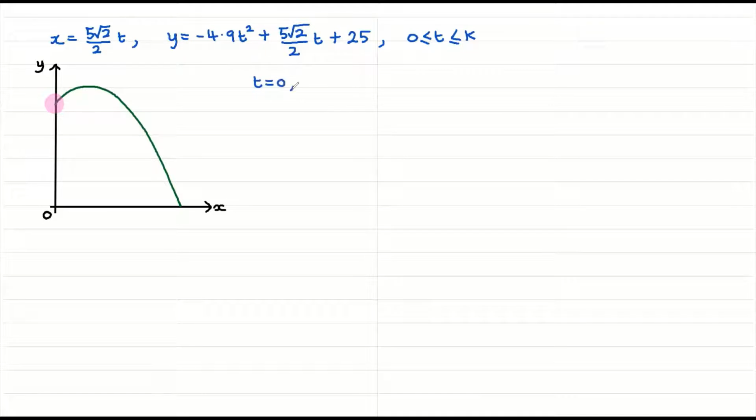Now, to get the x and y coordinates for that, we simply sub t equals 0 into our two equations. Now that means that x would simply equal 0 because 5 root 2 over 2 multiplied by 0 is just 0. That seems to tell us that this is indeed going to be the y-intercept and the model is working.